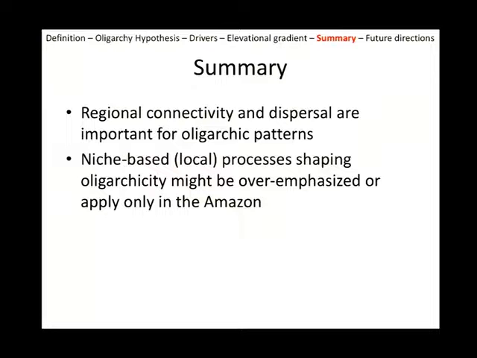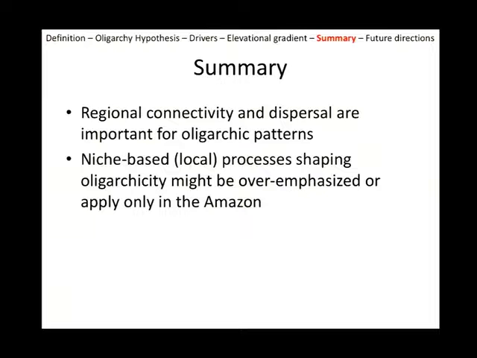And this has important consequences. If we want to predict in a climate change scenario which species will be common in different places in the Andes, we are assuming that we can predict that based on a deterministic process.